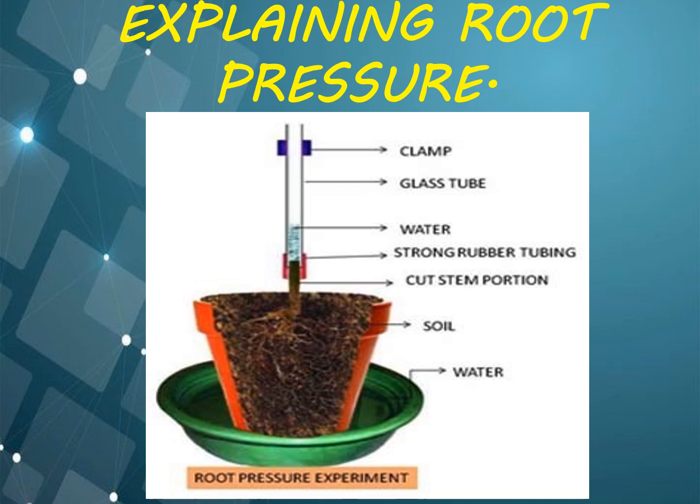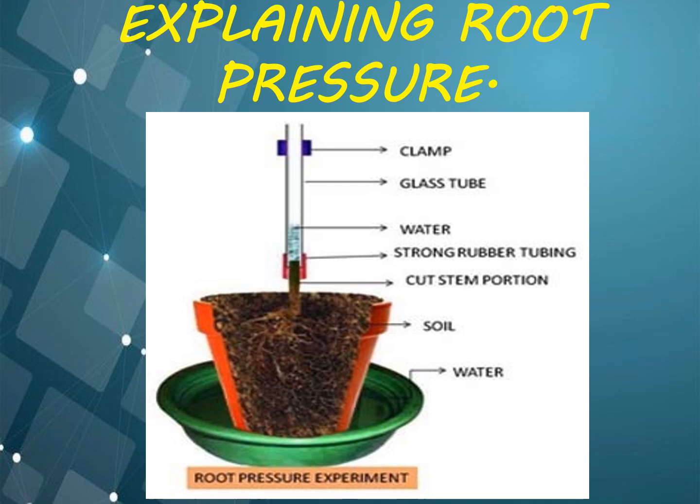Now pour some water in the glass tube until the water level can be seen above the rubber tube in the glass tube. Mark that as M1 and keep the arrangement aside for 2 to 3 hours.